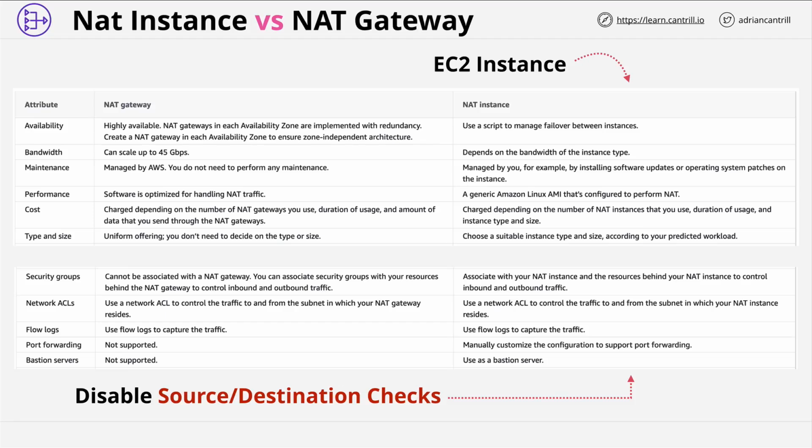Now, availability is another important consideration. A NAT instance is a single EC2 instance running inside an availability zone. It will fail if the EC2 hardware fails. It will fail if its storage fails or if its networking fails, and it will fail if the AZ itself fails entirely. A NAT gateway has some benefits over a NAT instance. Inside one availability zone, it's highly available, so it can automatically recover and automatically scale.